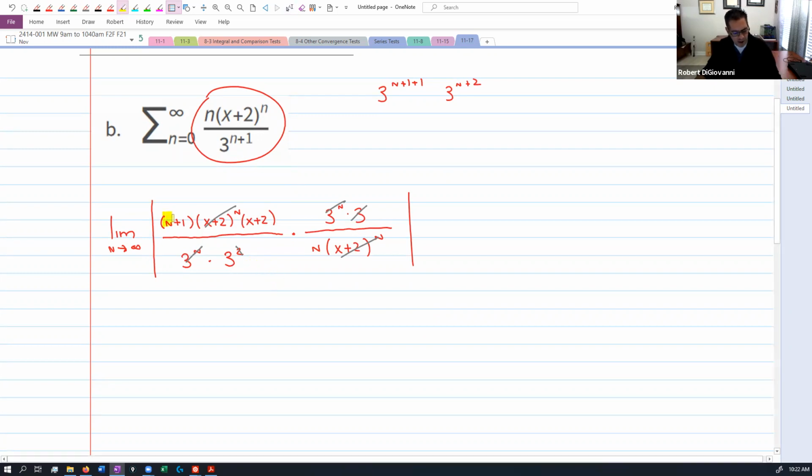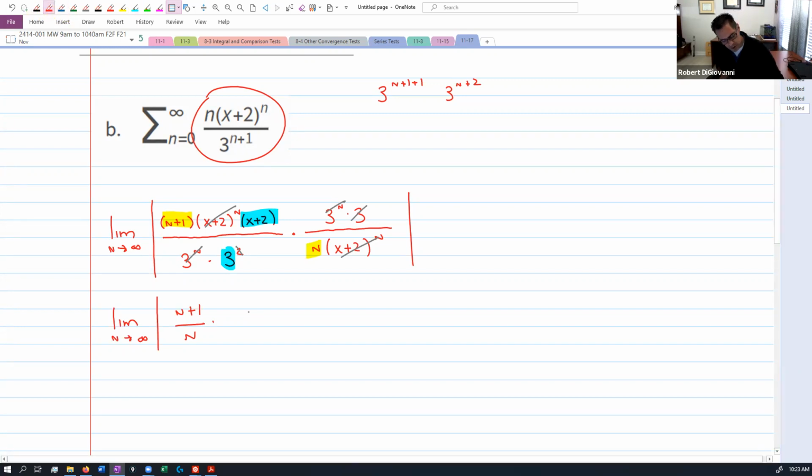So the stuff that has n in it is this and this. So I have limit as n goes to infinity of n+1 over n. And then the stuff that has the x in it still is the x+2 and the 3. I won't forget the 3 this time.